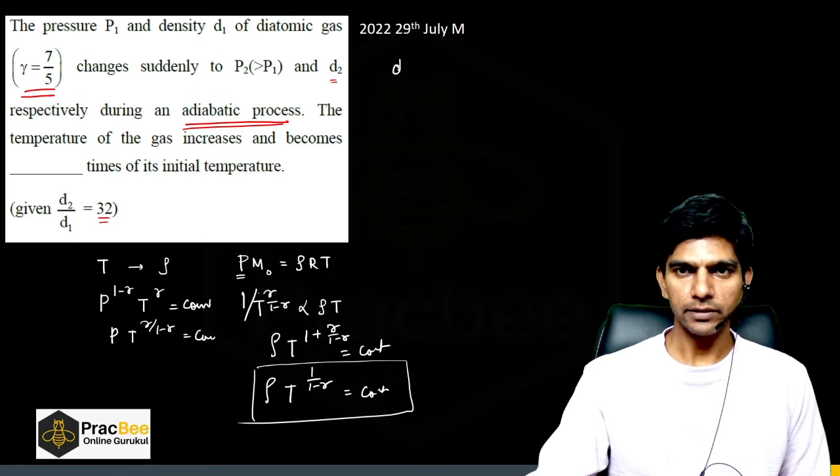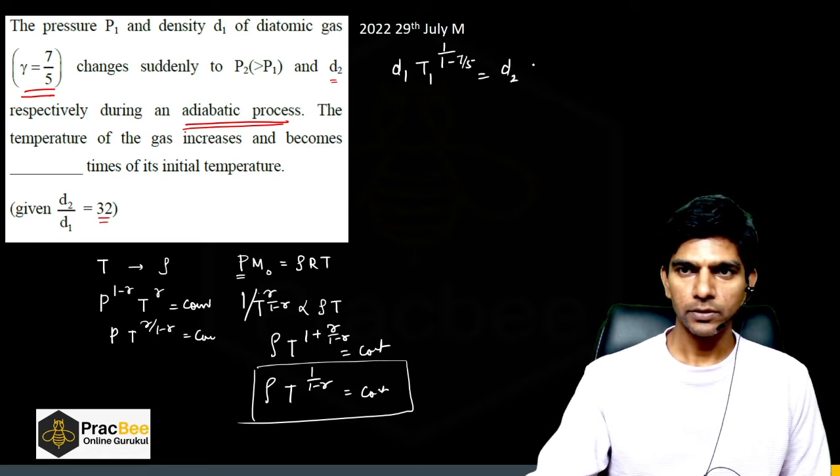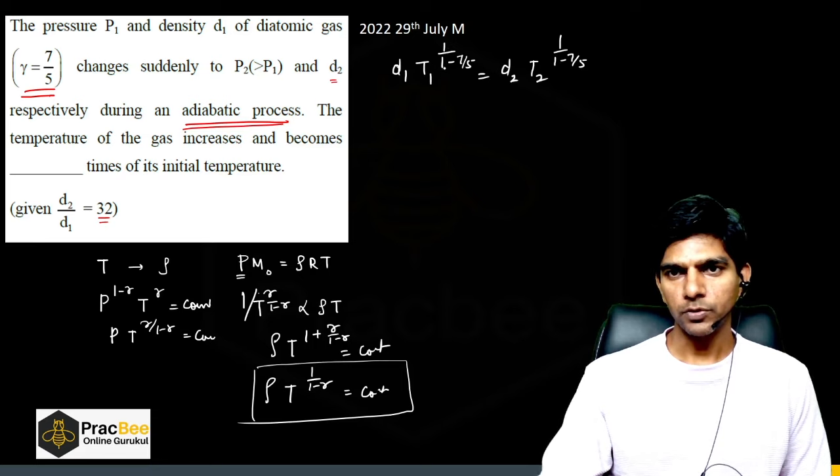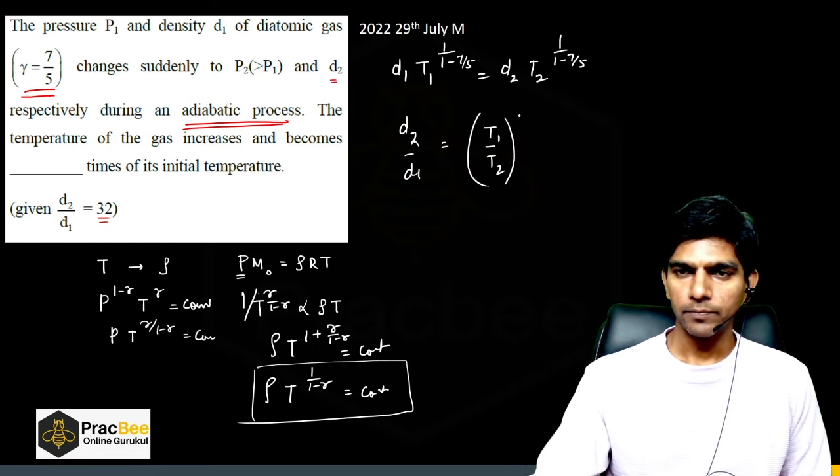So this is the relation between the density and the temperature. So I can say D1 T1 raised to power 1 upon 1 minus gamma. Gamma is 7 by 5, right? So D1 T1 raised to 1 upon 1 minus 7 by 5 is equal to D2 T2 raised to 1 upon 1 minus 7 by 5. So 1 upon 1 minus 7 by 5 is nothing but minus 5 by 2. So D2 by D1 is equal to T1 by T2 raised to power minus 5 by 2.